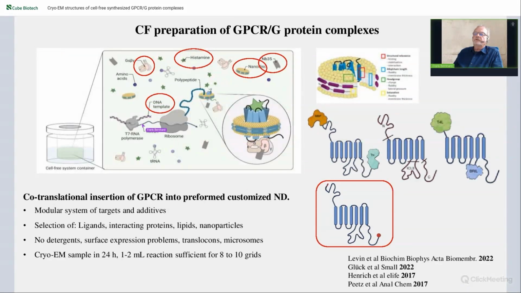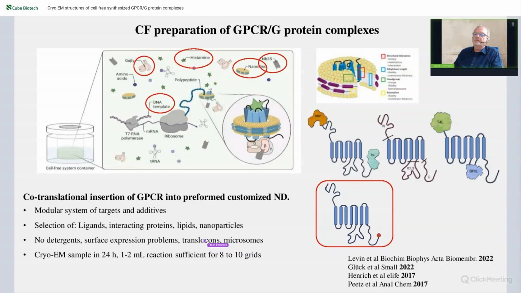So how do we produce a GPCR? We have a co-translational insertion into the preformed nanoparticle, nanodisc. You could also use solid particles. This insertion is a completely artificial way, potentially caused by simple hydrophobic interactions.